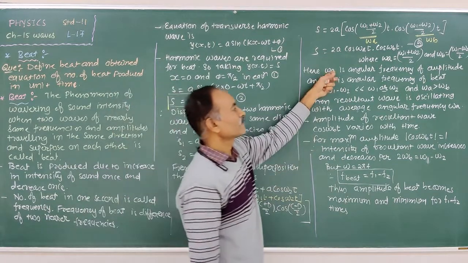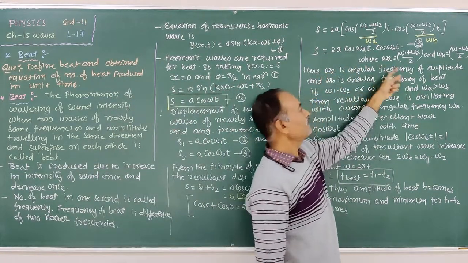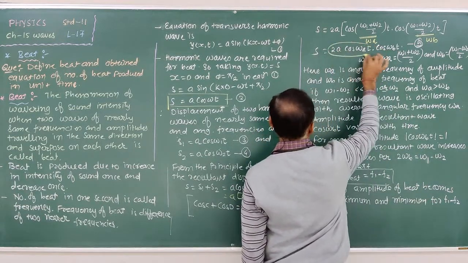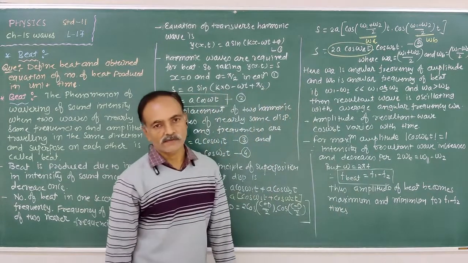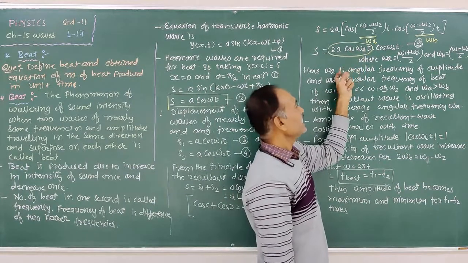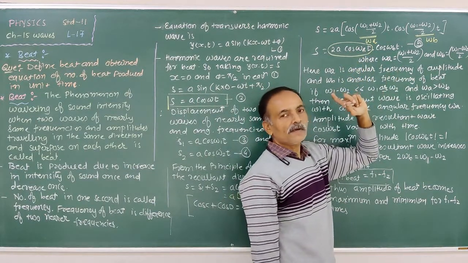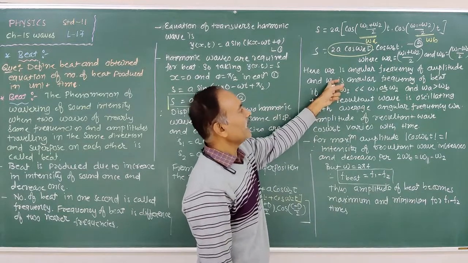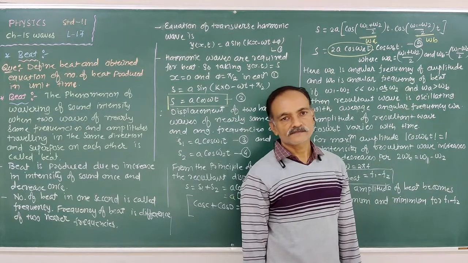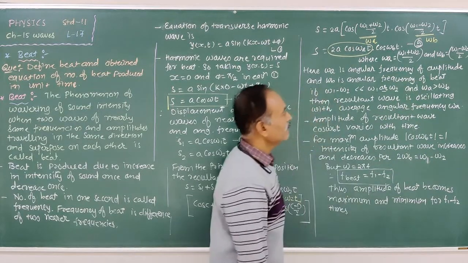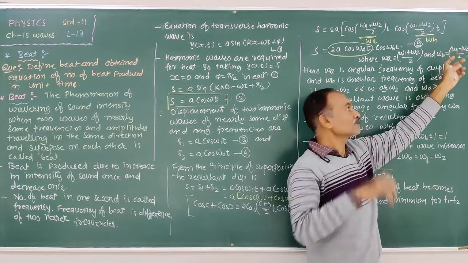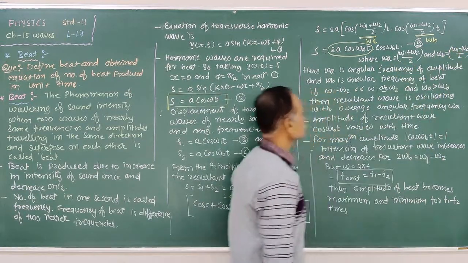What is omega a? Omega a is the angular frequency of the amplitude. Actually, this term represents the amplitude of the resultant wave. Therefore, omega a is the angular frequency of amplitude, and omega b is the angular frequency of the beat, and the angular frequency of the beat is (omega 1 minus omega 2) upon 2.